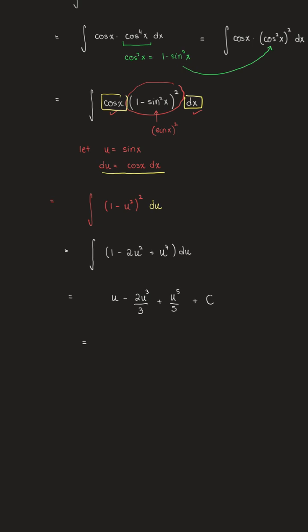Since our substitution u was sine x, our final answer will be sine of x minus 2 sine cubed x over 3 plus sine to the 5th of x over 5. And there is our solution.